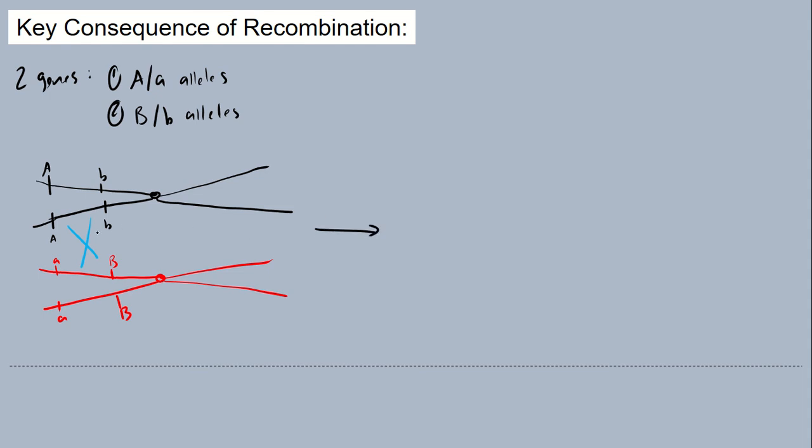If we actually get an exchange of DNA between these two chromosome arms, we end up with some different looking chromosomes. The top chromatid of this chromosome stays the same, but this bottom one is going to end up carrying a little bit of the DNA from the other homolog, which I'll draw in red.